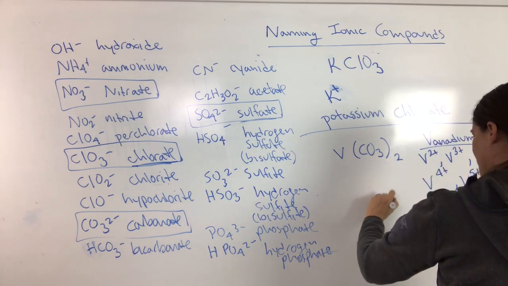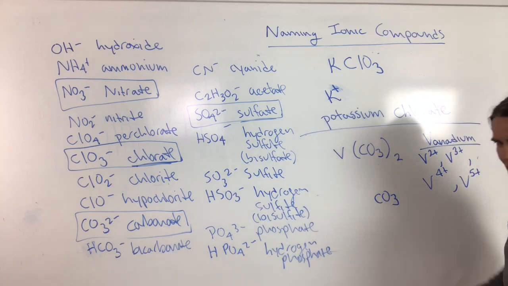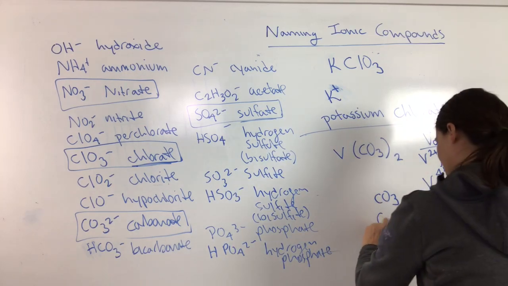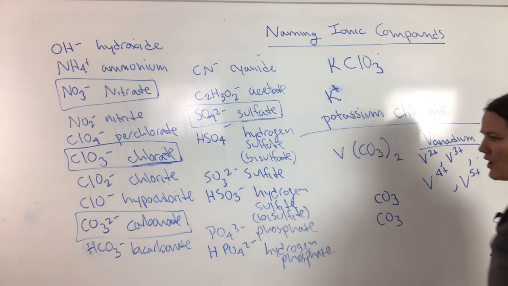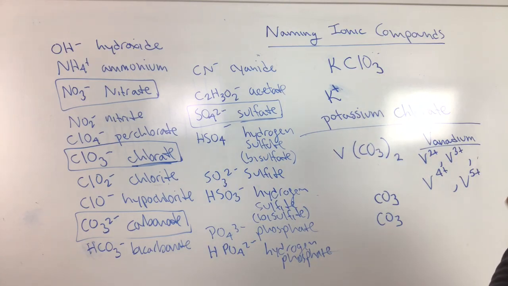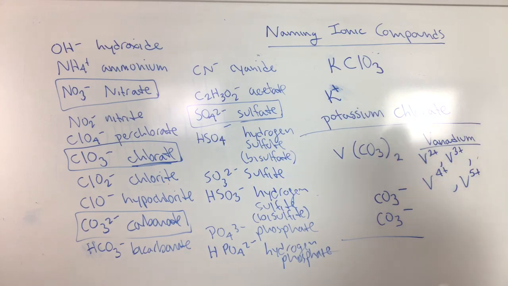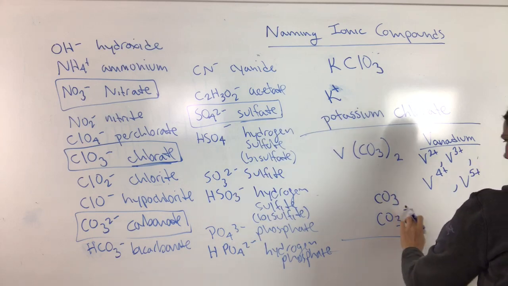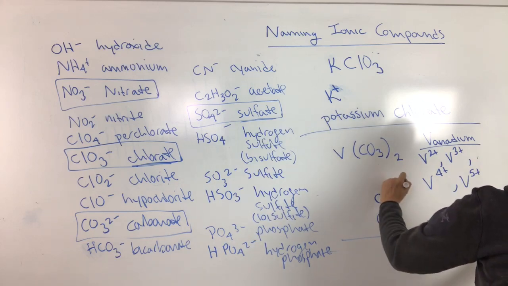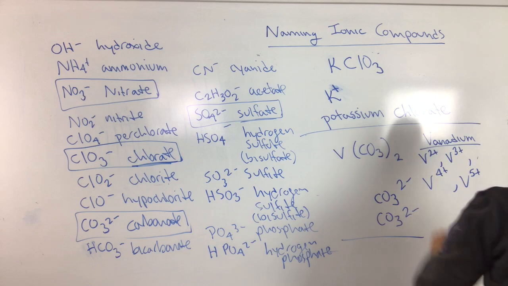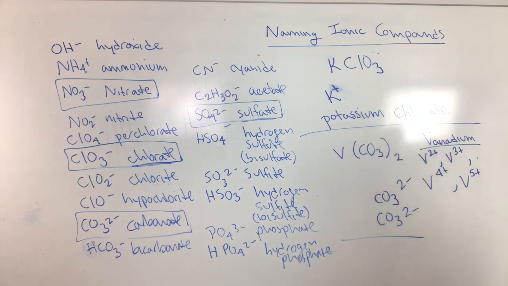So we do that, first of all, working backwards from what we know. We know what the charge is on carbonate, and we know that we have two of them. Sorry, carbonate has a 2- charge. So we have two carbonates that each have a 2- charge.